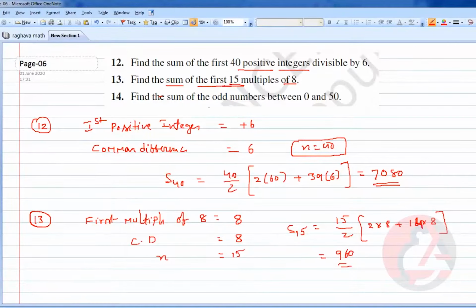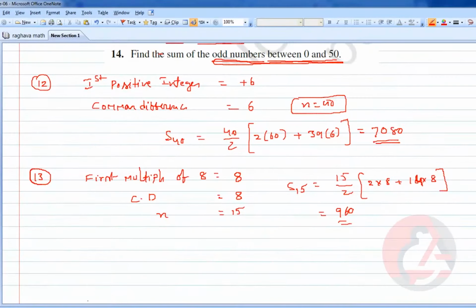Go for the next question if completed. Find the sum of the odd numbers between 0 and 50. List out the odd numbers from 0 to 50. What is the first odd number? 1.